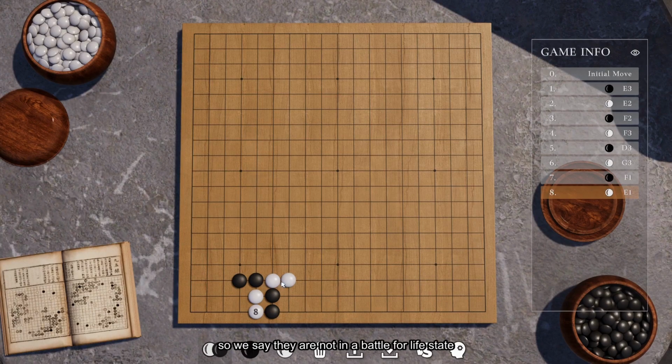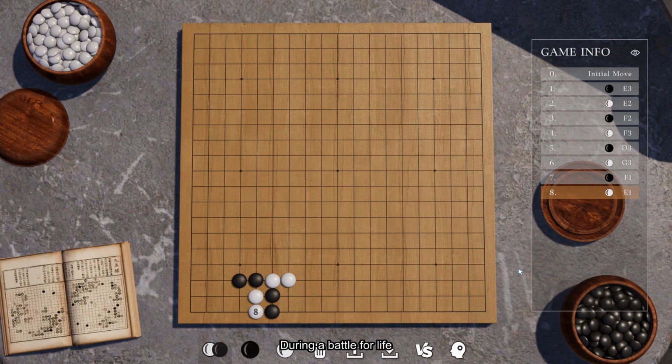So we say they are not in a battle for life state. However, these two white stones and these two black stones, we notice that they are mutually surrounding each other. Both are cut off, and they cannot run away, nor can they make life. So stones in this situation are in a battle for life.